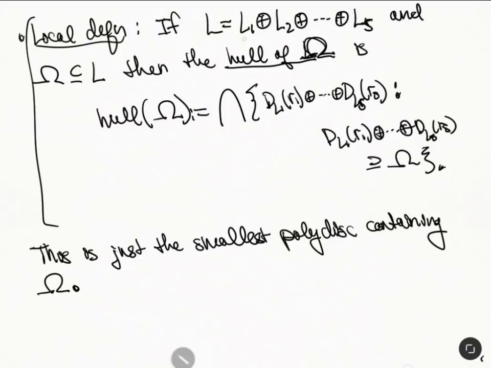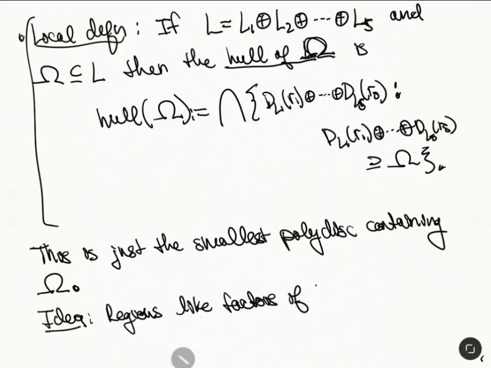The idea is that sometimes regions, like let's say factors of U theta, don't have module structures naturally.